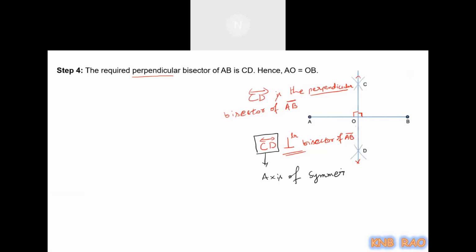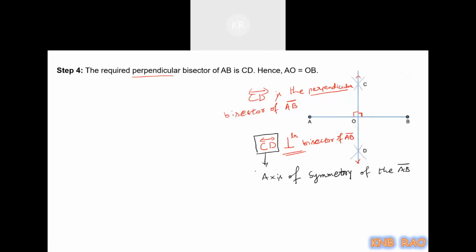Okay, the perpendicular bisector is also called the axis of symmetry of the line segment AB. For a line segment, the perpendicular bisector will act as an axis of symmetry.